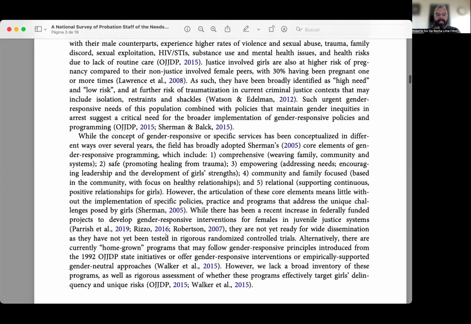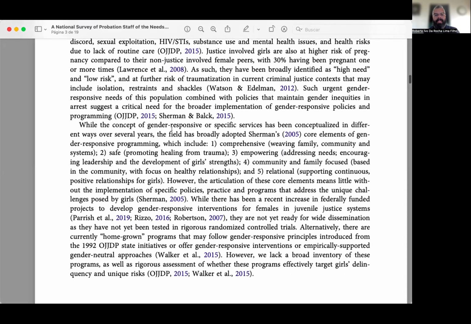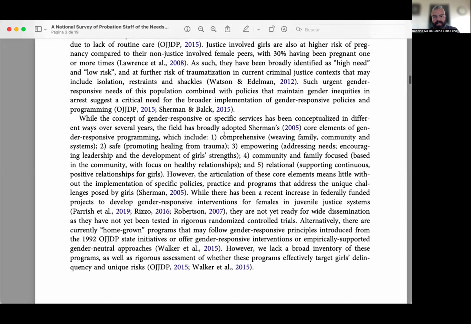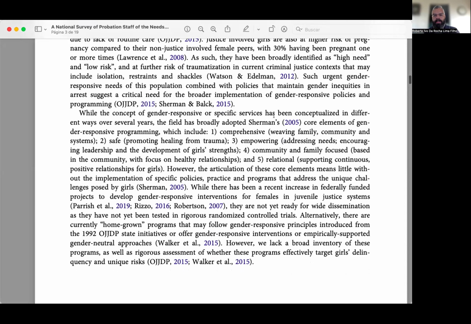If you look at the second paragraph, they came with the concept of gender responsive and laid out some information from these authors.